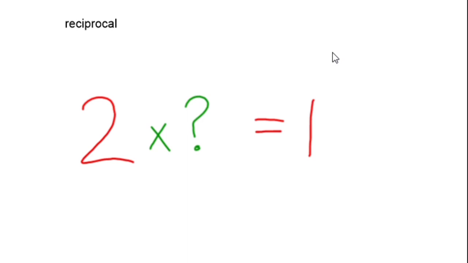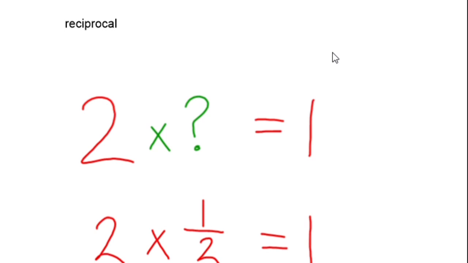So in this case, I'm going to give you the answer. 2 multiplied by a half, that's just the times sign in the middle just means of. So half of 2 is 1. So the reciprocal number of 2 is a half.